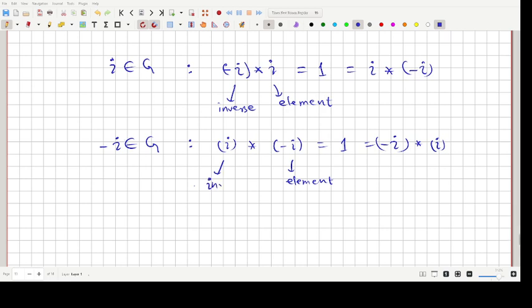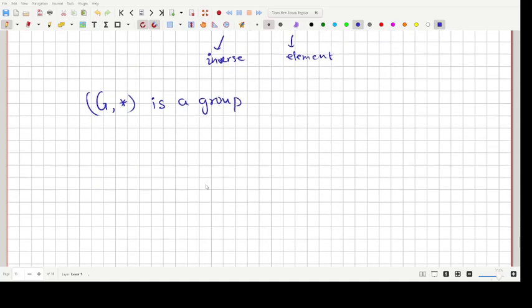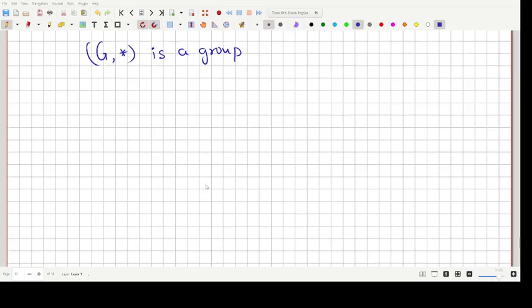So we have finally got the four properties that have to be satisfied for G to be a group. Sorry, my bad. So G comma star is finally a group. Now remember, we need to prove that G is an abelian group, correct? In order to prove that, we need to show that the operation on G is commutative.